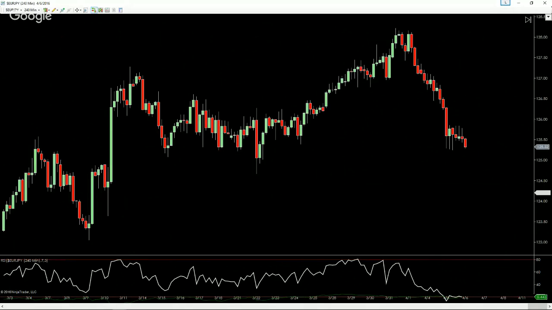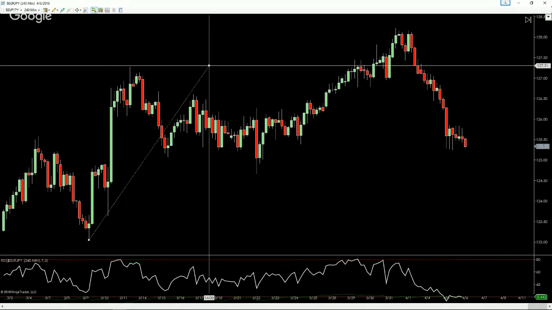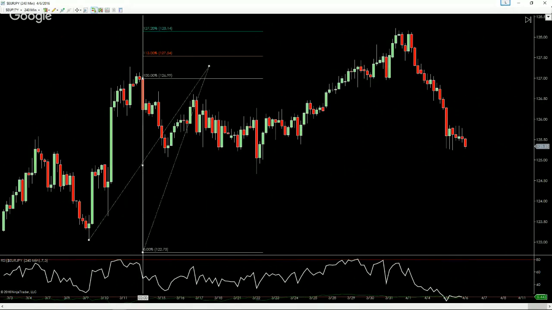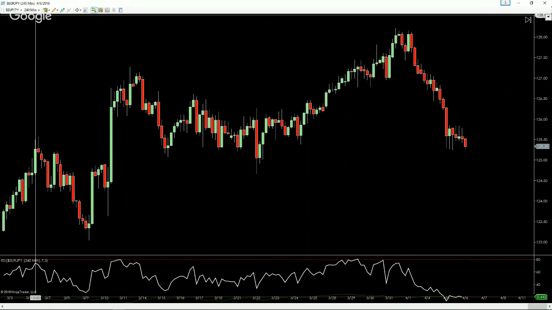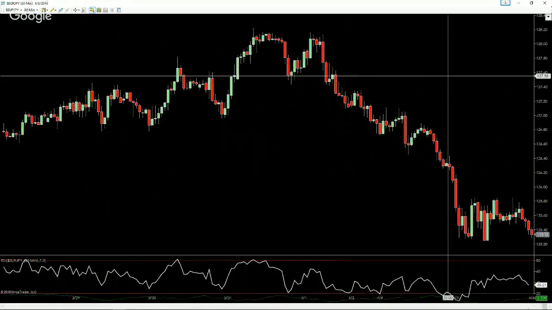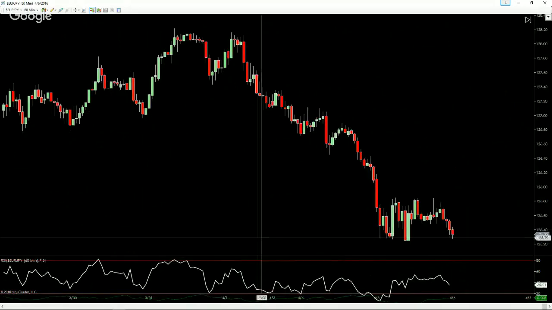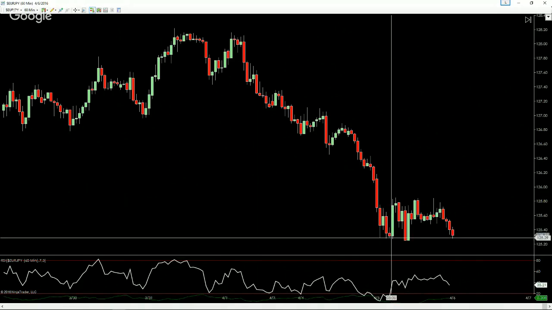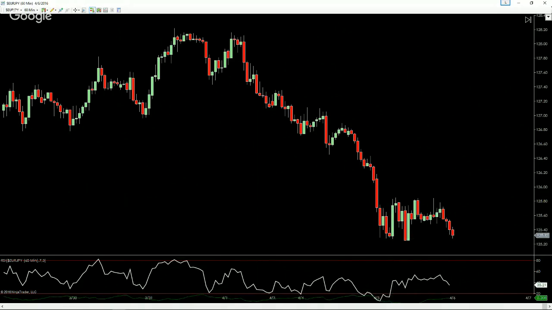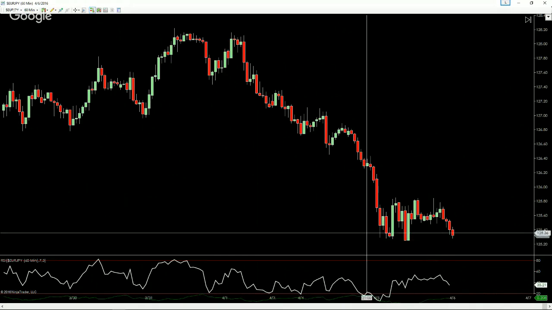Let's see if this is anything right here. Not quite. Let's go to 60. There's nothing there. We did have this structure right here.